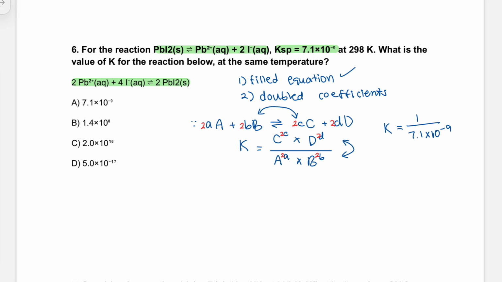So how do we account for doubling the coefficients? We can just square this whole entire thing. And then this will give us the correct new K value, which will be 1.98 times 10 to the 16, which is approximately just 2.0 times 10 to the 16, which is option C.